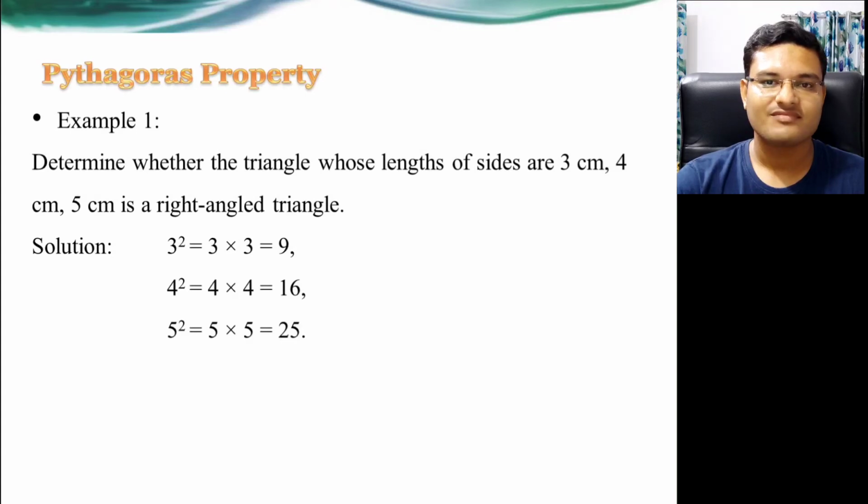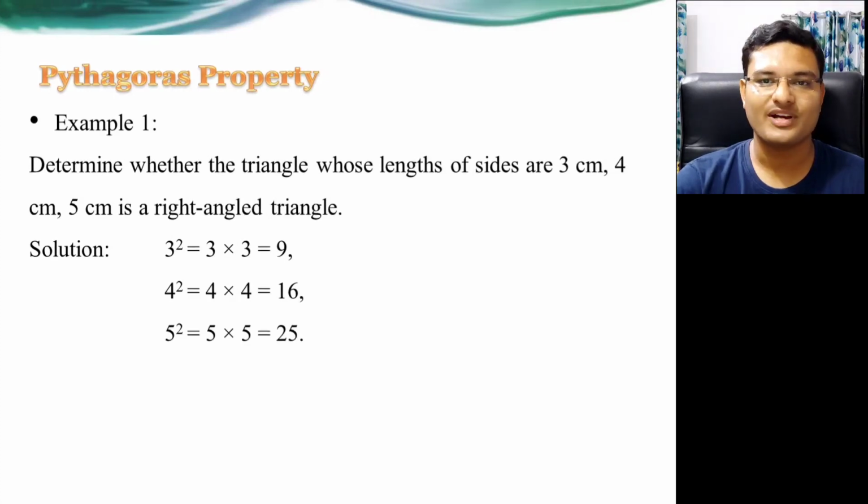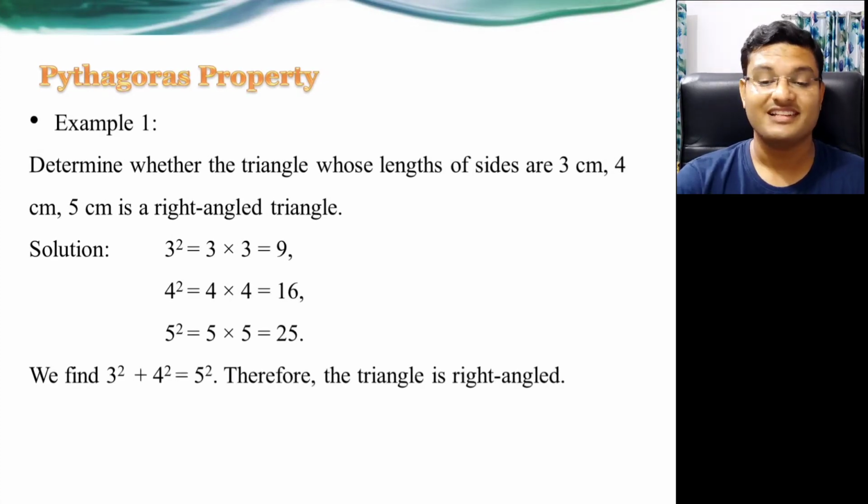Now, can you find the two sides whose sum of squares makes the hypotenuse square? Yes, we find 3 square plus 4 square equals 5 square. Therefore, the triangle is a right angled triangle.